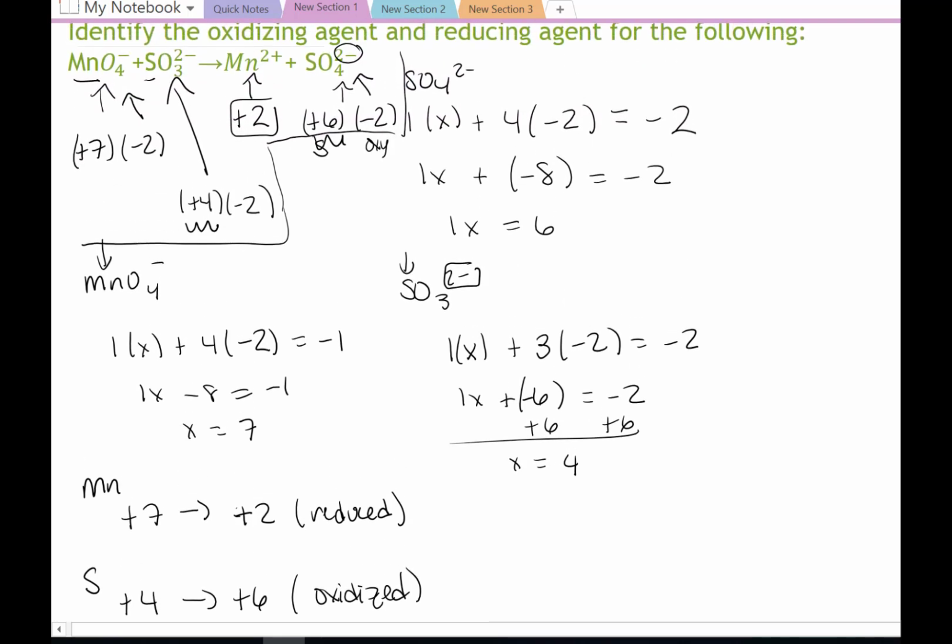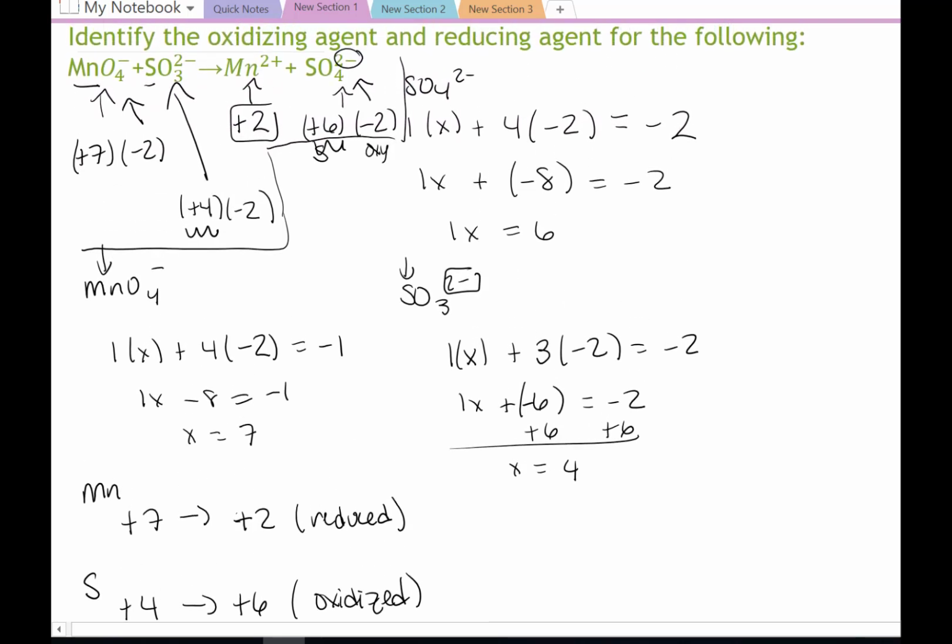Now that we know what's being reduced and oxidized, now we can look for what's our oxidizing agent and what's our reducing agent. So it can only be a reactant. Nothing can ever be a product for oxidizing agent or reducing agent. And we notice that if something is being reduced, then we would say the oxidizing agent is equal to MnO4 negative, because it itself is being reduced and it is therefore oxidizing the sulfur.